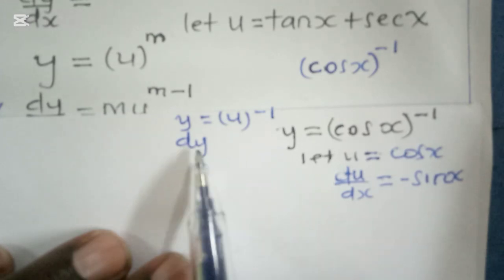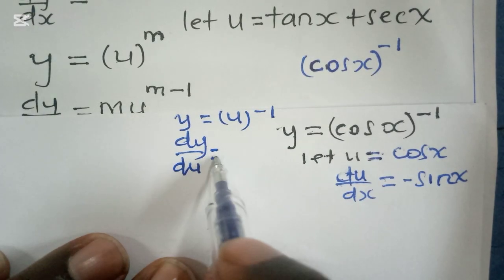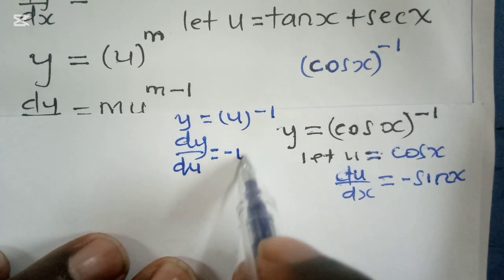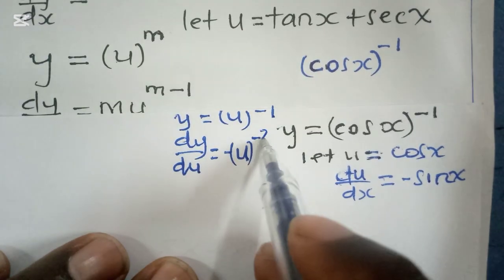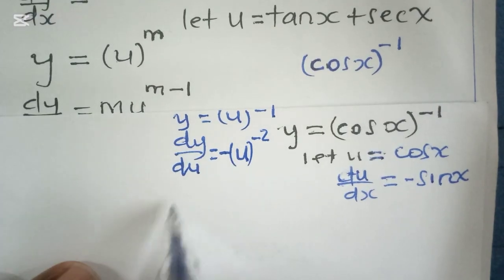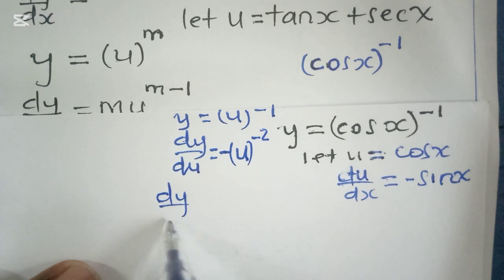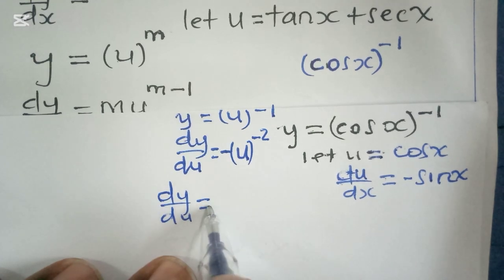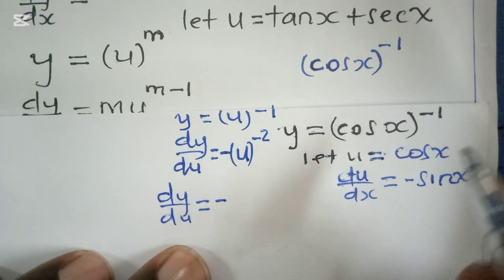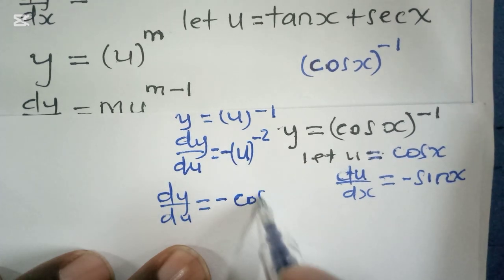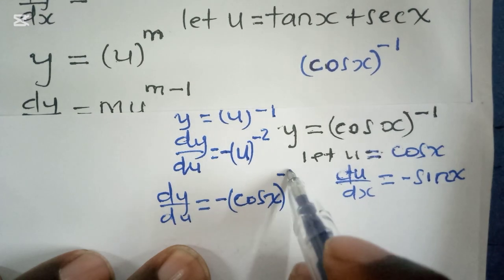And so dy du will give us negative u raised to -2, which is negative cos x raised to -2.